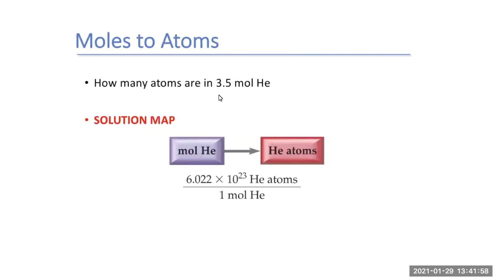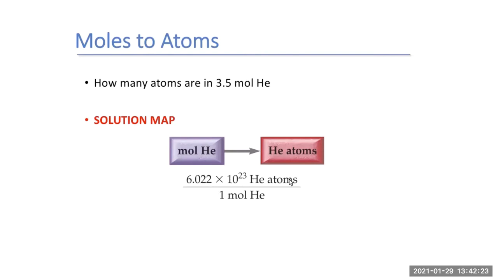And so when we look at a problem, let's say we want to figure out how many atoms there are in 3.5 moles of helium. For that, we want to go between moles to atoms. So we know we have to use Avogadro's number because we're going into atoms. We're going from moles to atoms. When we set this up, we want to make sure the 3.5 moles and the unit of moles cancel out.